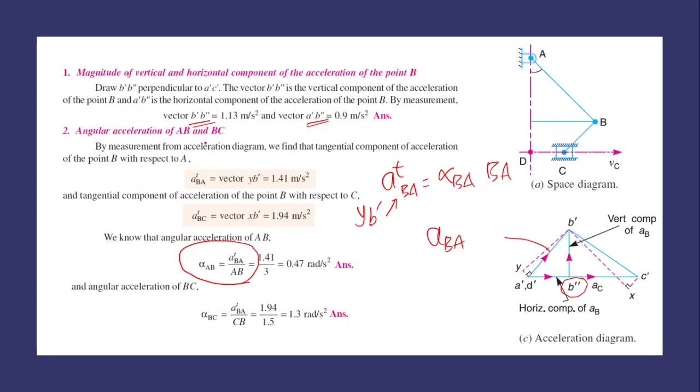Then the tangential component of acceleration of C with respect to B. That tangential component is this dotted line. Then we can measure that length and multiplied by the scale, we will get that the tangential component is 1.94 meter per second square.